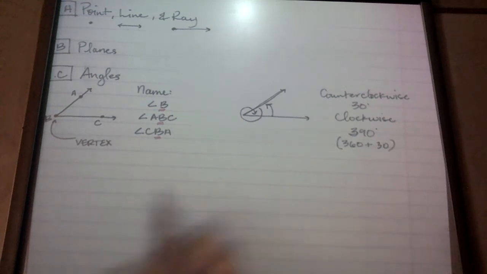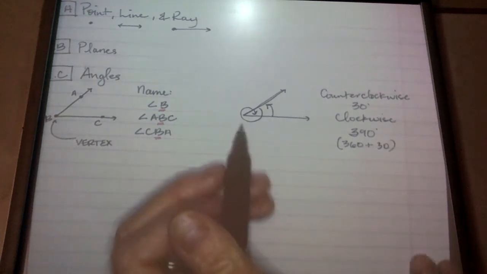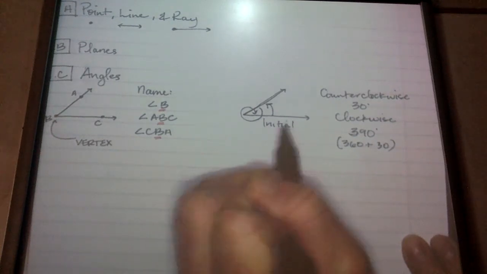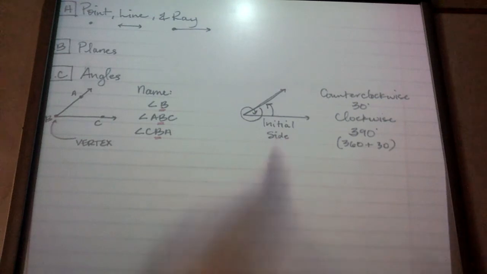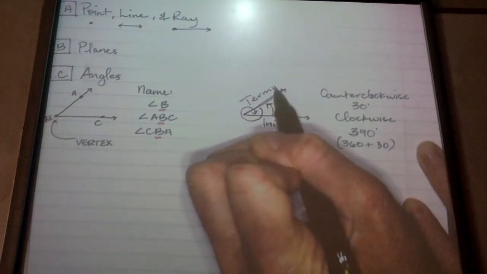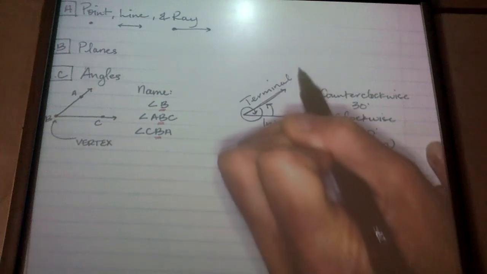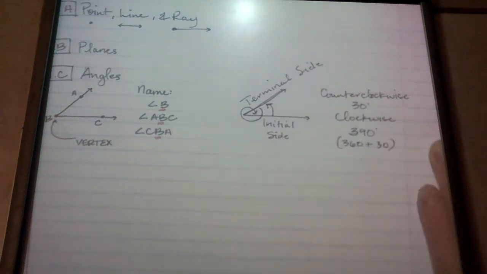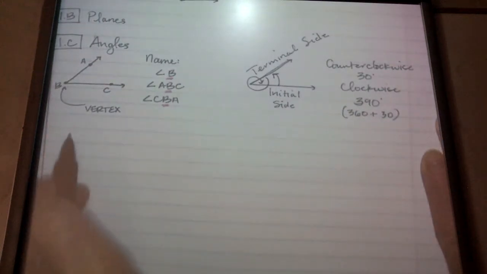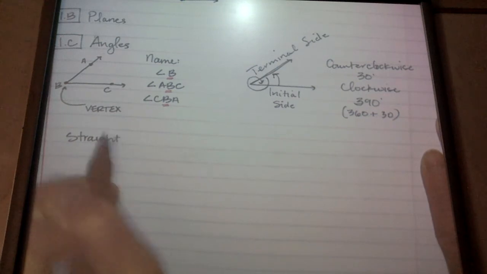Also, these rays have a name. This side here is called the initial side, or think of it as your starting place. And this side here is your terminal side. This section, 1.C, goes over a lot of vocabulary. Things you should know are what is a straight angle, right?